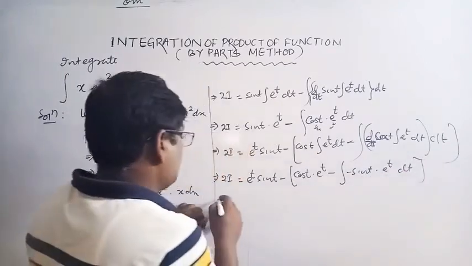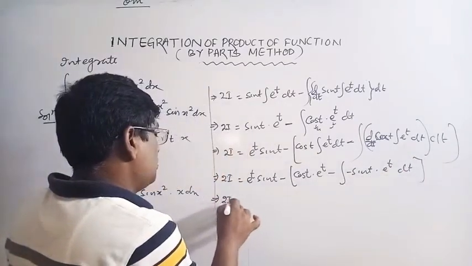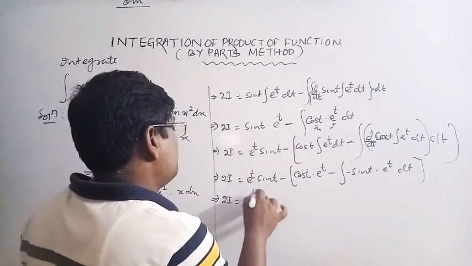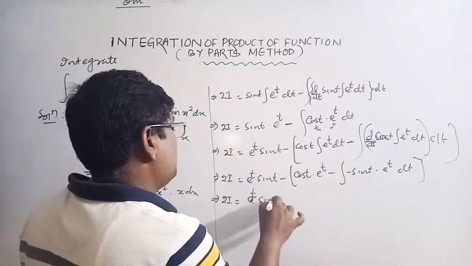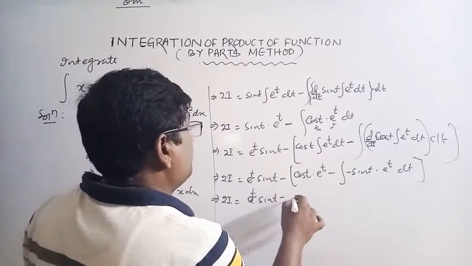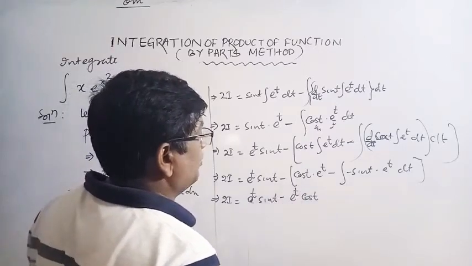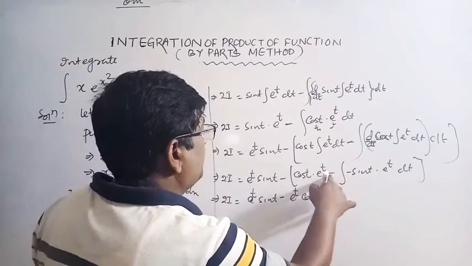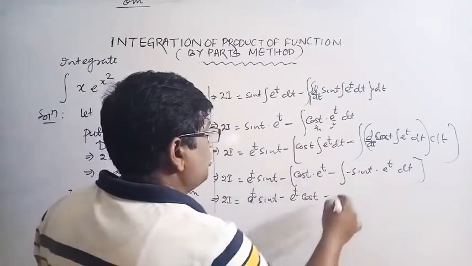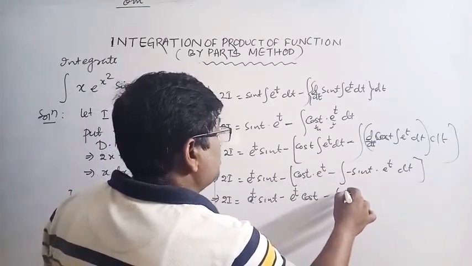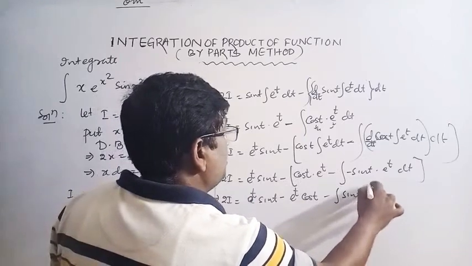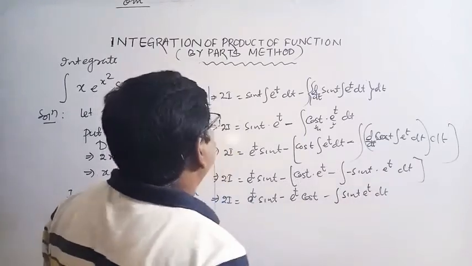So 2I is equal to e to the t sin t minus e to the t cos t. Clear? This is plus minus plus, and again minus integration of sin t e to the t dt.